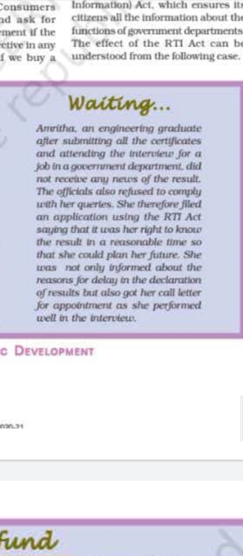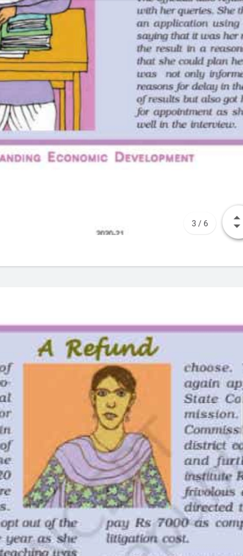So what she did was file an application with the help of the RTI Act, Right to Information Act. After this, not only did she get to know the reason behind the delay, but she also got a call letter for the job because she had performed well in her interview. So this is the use of the Right to Information Act. This is the basic utility of the RTI Act.